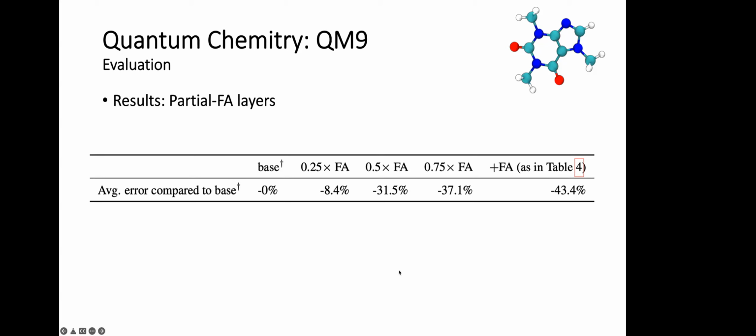As the results show, when the fraction of added edges in the last layer is larger, the decrease in error is larger. For example, using only half of the possible edges in the last layer still reduces the error rate by 31.5% on average compared to the base.